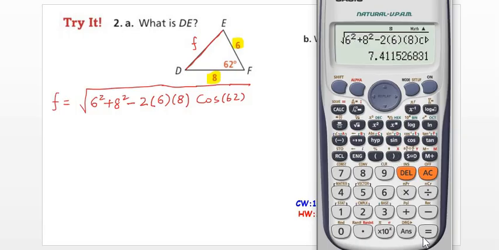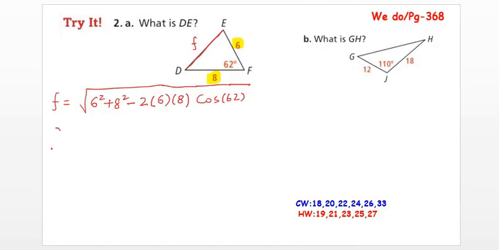So you will get the answer, that is 7.41. So let's write the answer. So the value of f will be 7.41, and f is actually the side that is DE.